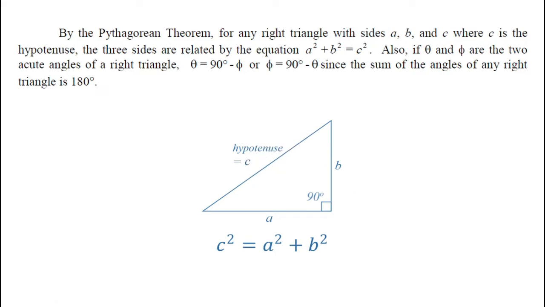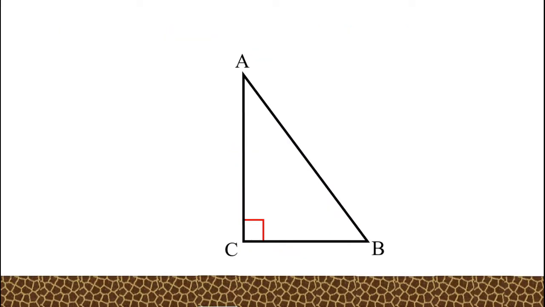Now, let's try to identify the opposite and the adjacent of an angle in standard position. For example, in this triangle, the theta in standard position is here.